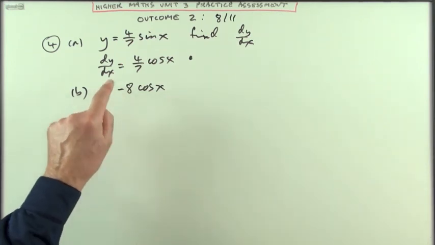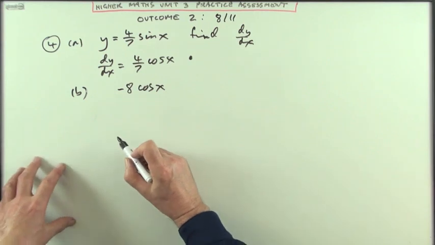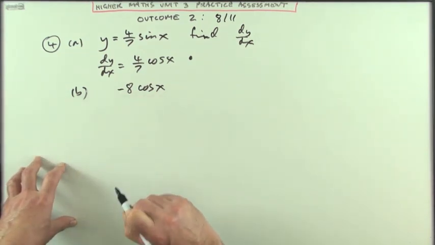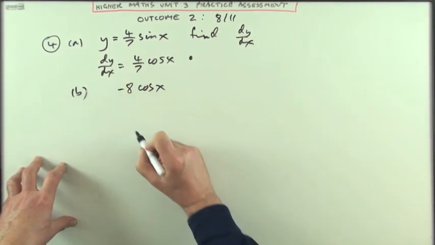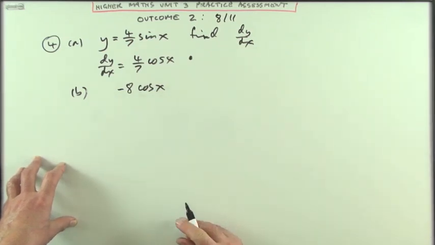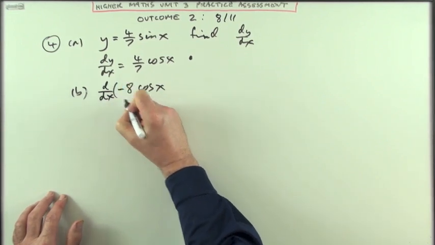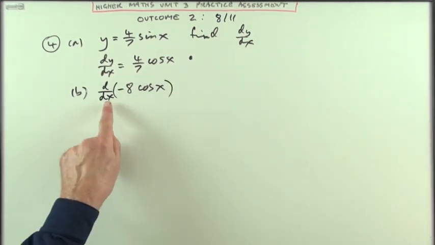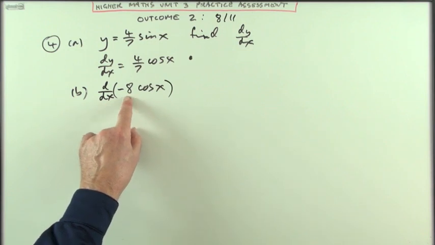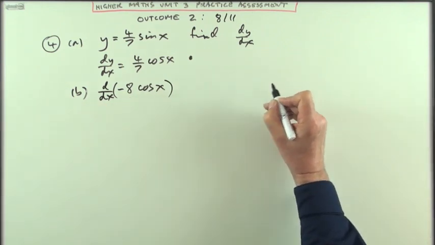It'll just say, differentiate this. Now, there's no need to start inventing names like y equals, so you can write dy by dx, or f of x equals, so you can write f dashed x. If it says differentiate, you can simply put down that operator. D by dx means I intend to carry out a differentiation of this with respect to x.